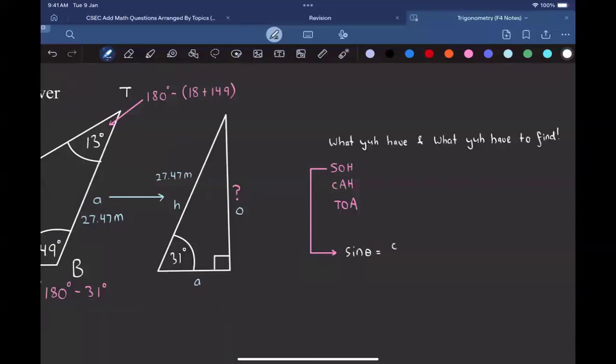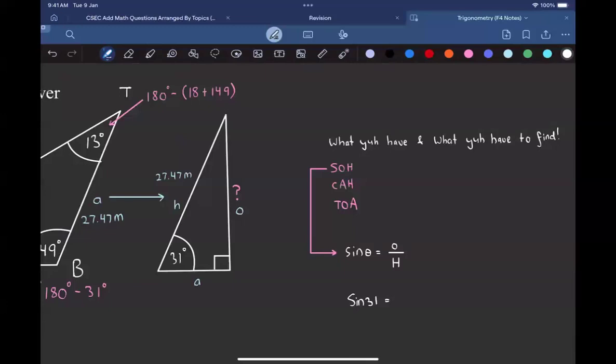Opposite over hypotenuse. What is the angle I'm working with? 31, right? Do I know what the opposite side is?